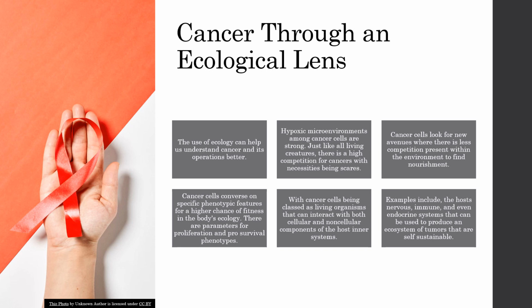Cancers may be found as living organisms that are interactive with both cellular and non-cellular components of a host's inner systems. Some examples may include the host's nervous, immune, and endocrine systems that are mainly in use for a self-sustainable ecosystem of tumors.